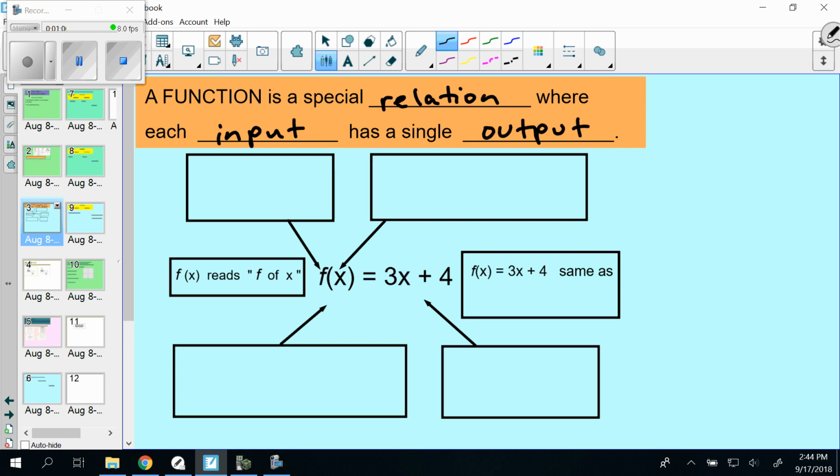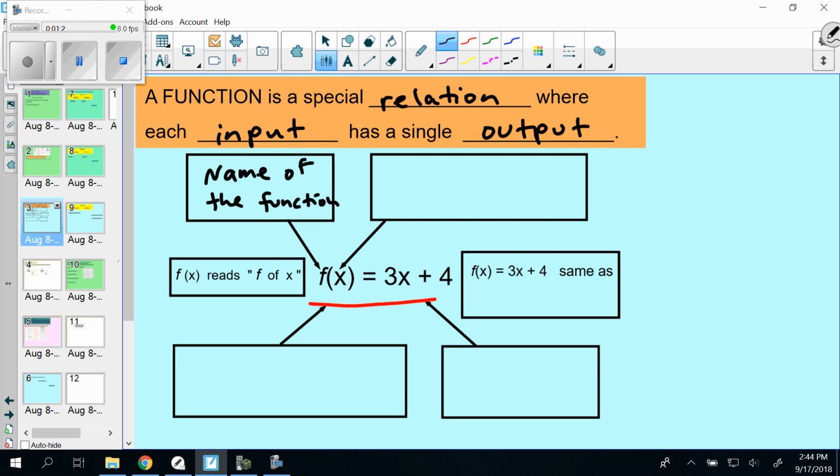All right, this right down here is function notation. And just kind of each part of this, the f in this is the name of the function. Okay, so f is our function name.